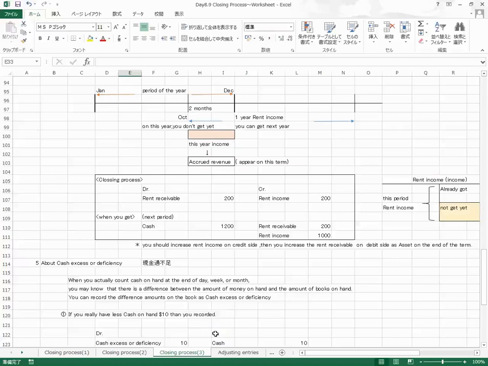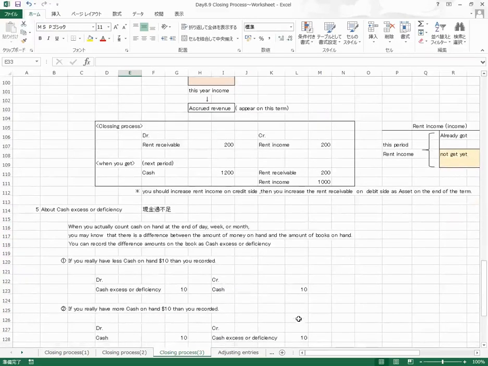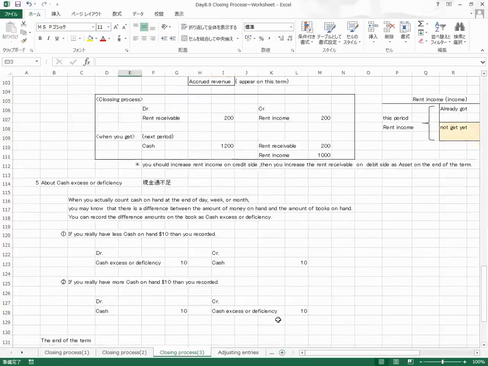So you should adjust your record according to your real money. You should not let it go, or just add from your pocket, or just take the money to your pocket. You should not do that. You should correct the record.